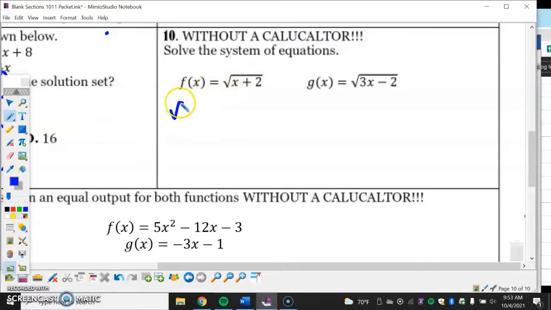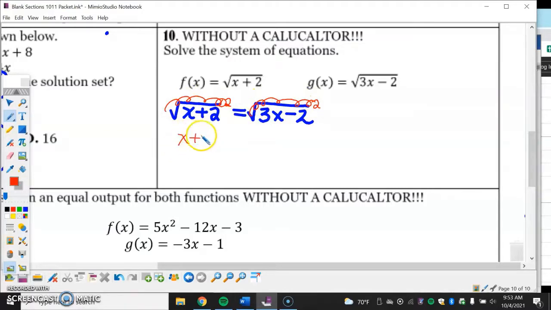So I'm going to set the square root of x plus 2 equal to the square root of 3x minus 2. In order to solve this, what should I do first? We should square both sides to get rid of the square root.